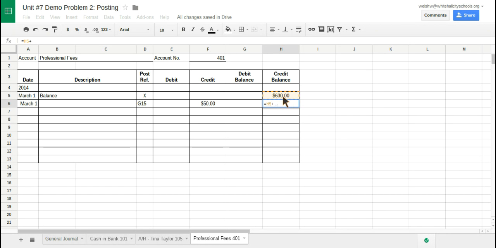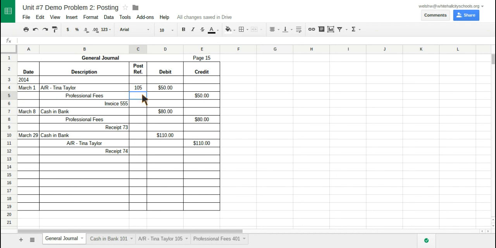We're adding. So now our new balance in professional fees is $630. Again, don't forget to take your account number, go back to the general journal, do your post reference. So now we're done with that transaction. We have it in 2 places now. We know how it affects each individual account, and it's on our general journal page. And then you'll just go through your entire journal like that.